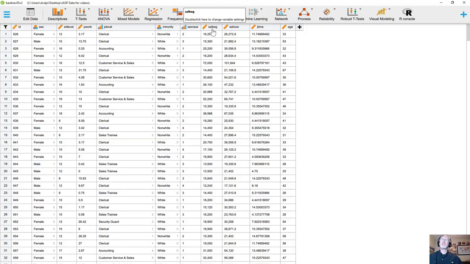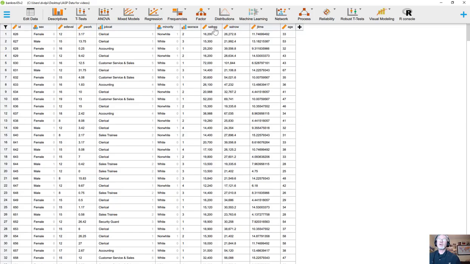We looked at some ways of accounting for that with the Mann-Whitney U-test and Welch's correction. But another way of dealing with those problems is to transform the data.